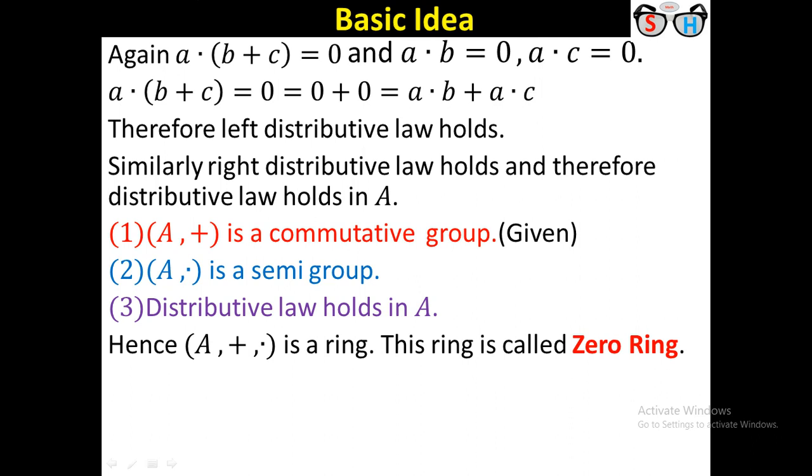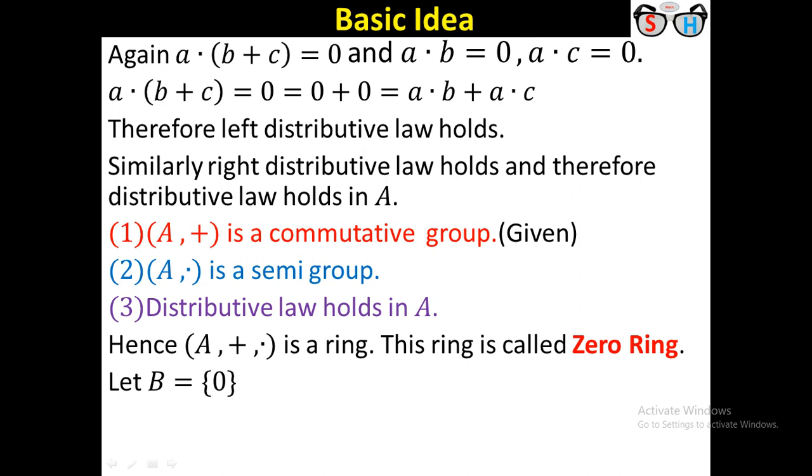At first we have a commutative group with respect to addition, and then we define multiplication in such a way that the product of any two elements must be 0. For that purpose we call this the zero ring. Then we show that capital A is a ring with respect to two binary operations: one is addition, which is given, and the other is multiplication, which we define.